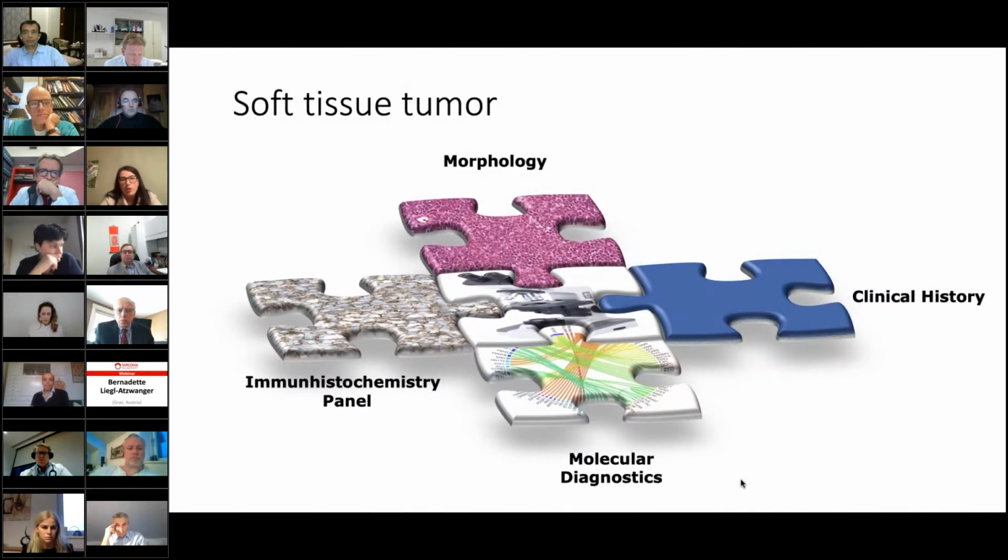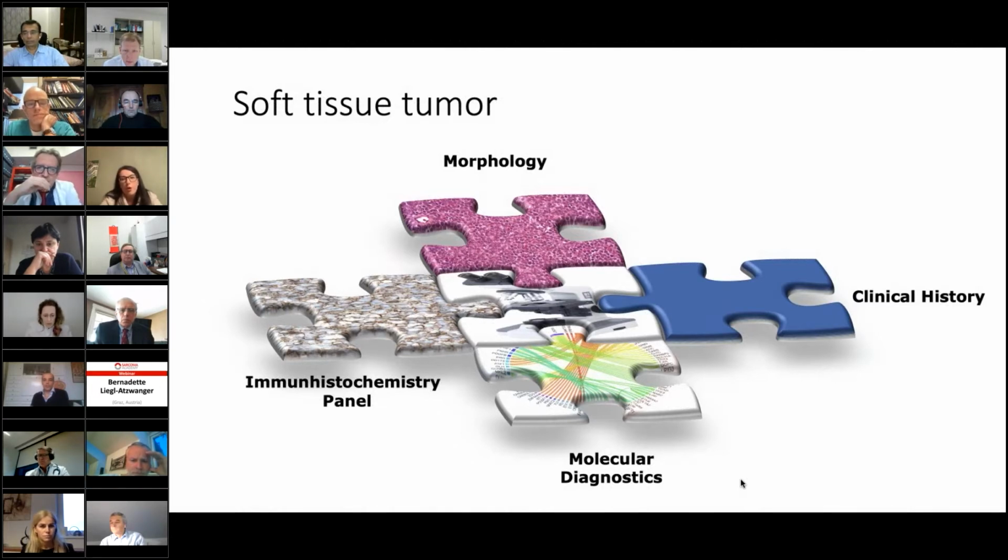Therefore, I think we should go a step back and think, how is our diagnostic process? The diagnostic process for me as pathologist is that I would like to put together jigsaw puzzles, and these puzzles are put together under the microscope to a good diagnosis.